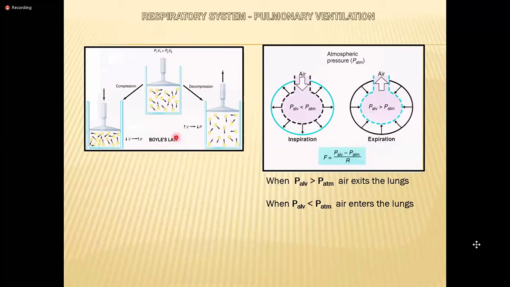Your Boyle's law is P1 V1 equals P2 V2. When you compress, you add pressure, right? So the volume will become smaller and your pressure is increased. So this is compression. When you increase the volume, the pressure is decreased.